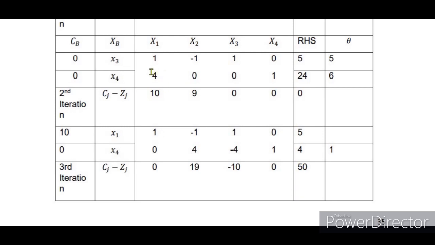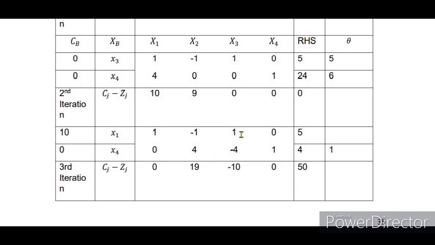So we subtract: the previous value in the x sub 4 row is 4, so 4 minus 4 is equal to 0. That is why it is 0 here. Next, negative 1 times 4 is negative 4. So 0, the previous value, minus negative 4 is equal to positive 4.